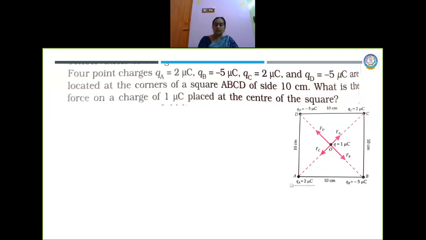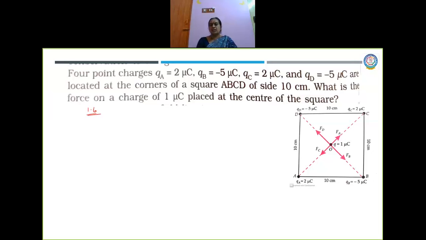Now, this is problem number 1.6. Okay, so let us read the problem. Four point charges: QA is 2 microcoulomb, QB is minus 5 microcoulomb, QC is 2 microcoulomb, and QD is minus 5 microcoulomb.